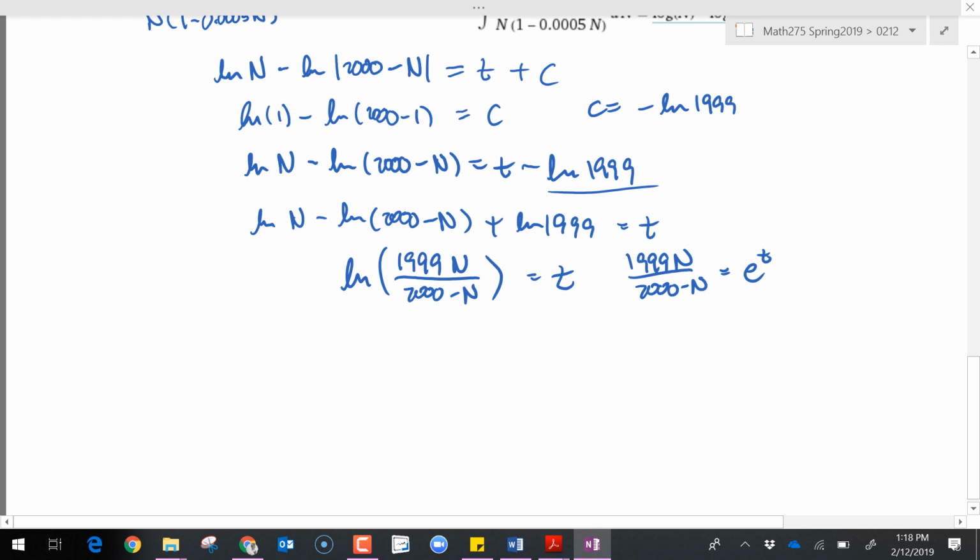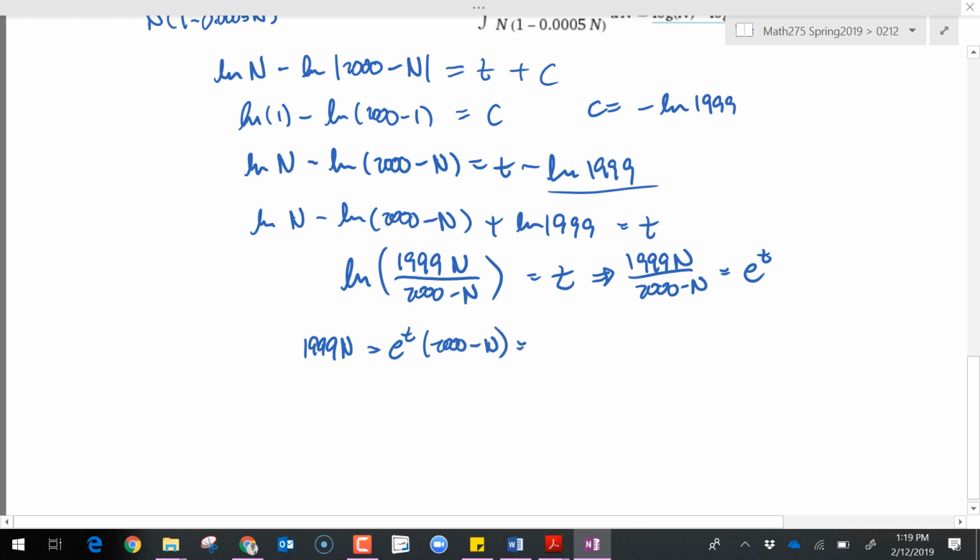Now, how do you solve for n? There's two n's there. Any ideas? Do you remember how to do this? So 1999 n is equal to e to the t times 2000 minus n.